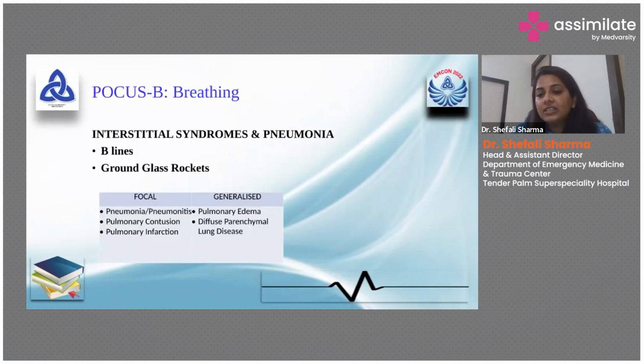Generalized B lines, that is confluence of B lines, you'll get when there is cardiogenic pulmonary edema and diffuse parenchymal lung disease. Now, how to differentiate between pulmonary edema and diffuse parenchymal lung disease, that is ARDS, because in these two you are definitely getting confluence of B lines.